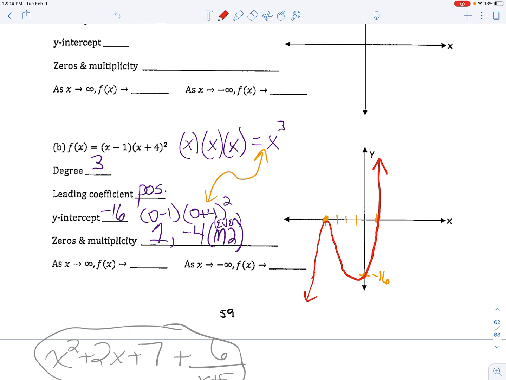And once again, remember it's a sketch here, and they're asking us the end behavior there at the end. As x goes to infinity, f of x is going to what? What is the function? What is the y going to? As x gets bigger and bigger and bigger, as x goes to infinity. Now keep in mind here, it doesn't go straight up.